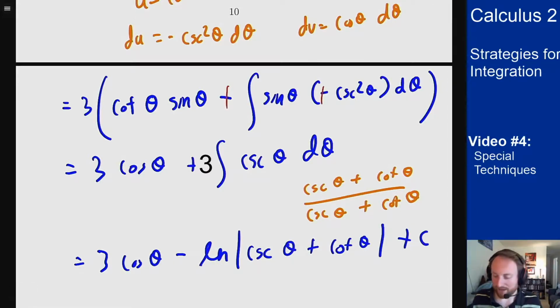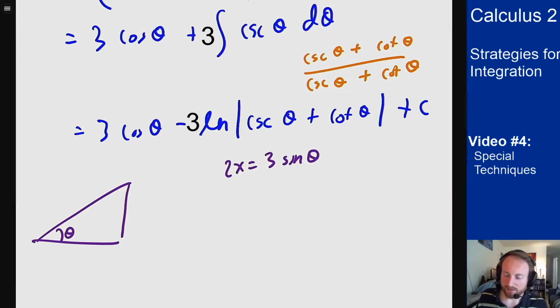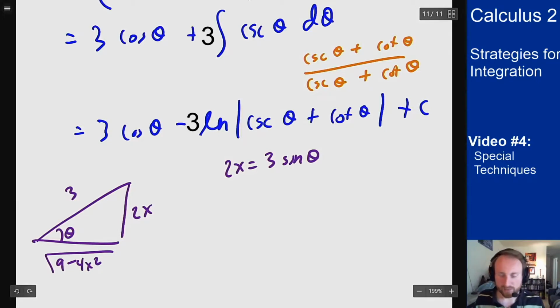And I have to convert this back to x. My original substitution was that 2x was 3 sine theta. So sine theta is 2x over 3. So 2x over 3, this then becomes root 9 minus 4x squared, as it should. And I can write out all of my expressions here.